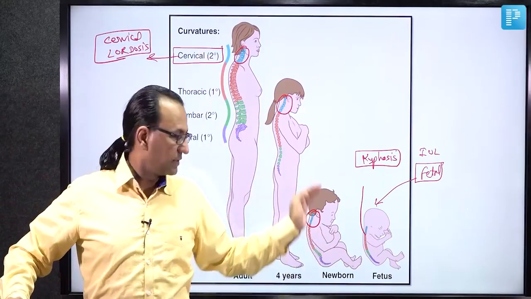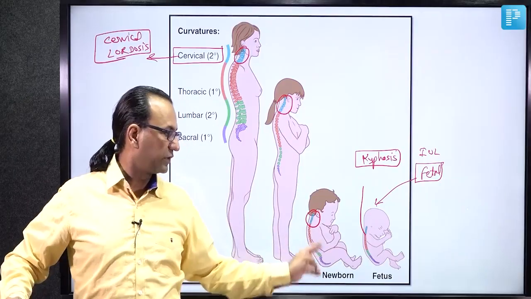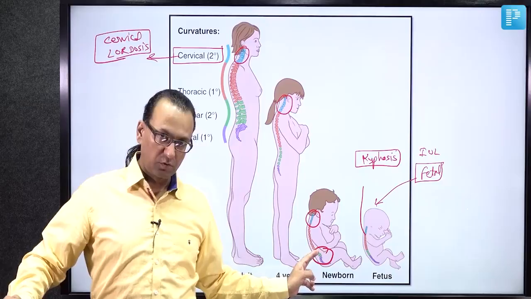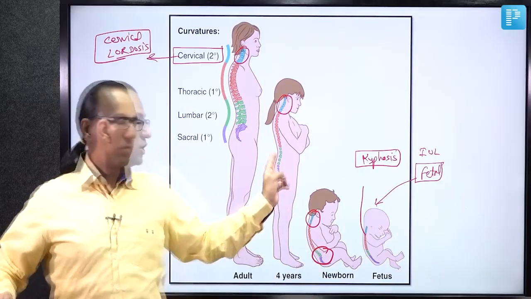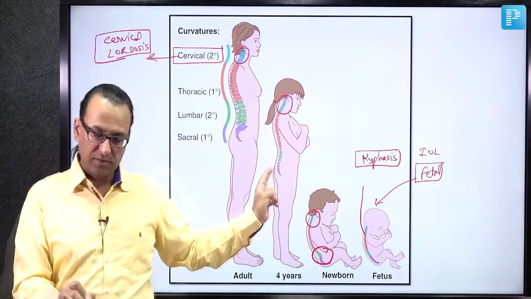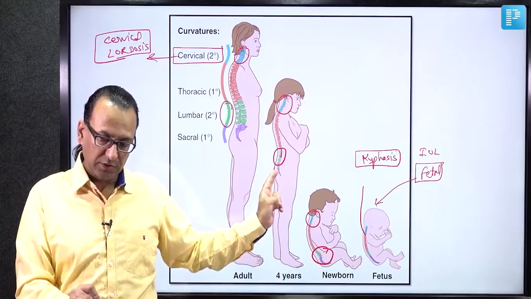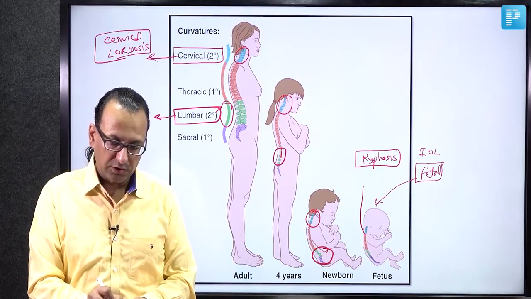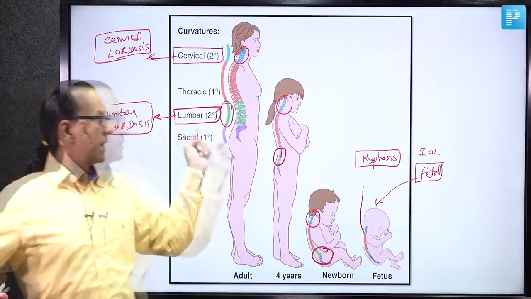Now the baby is sitting and standing, and what happens is that maybe nearing the age of 10 months to 12 months, it is one more curvature acquired, which is called as the lumbar curvature, and that is also a secondary curvature. Now this lumbar lordosis, as you can see, is also one convexity which is anteriorly.